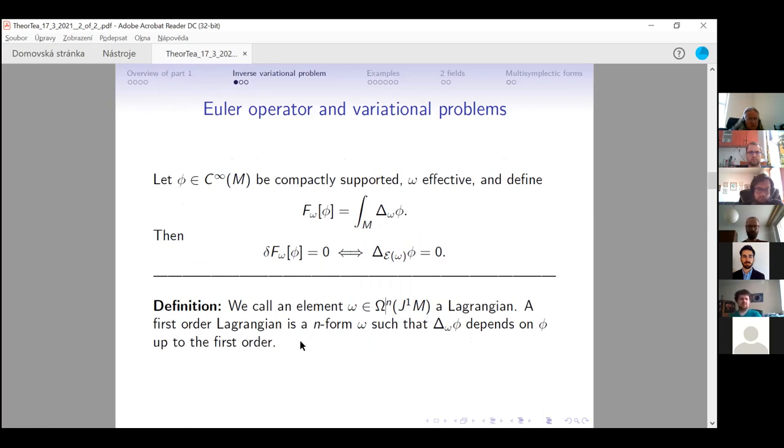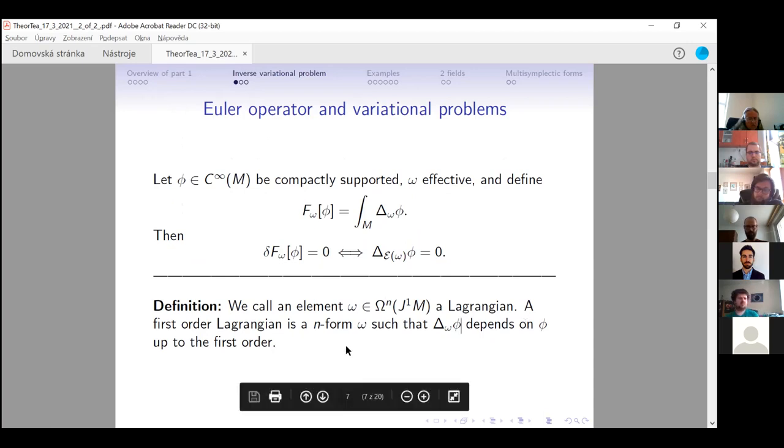And a first order Lagrangian is an n form such that this guy, which is an n form on M, depends on phi up to the first order. So the coefficient functions of the n form depend on phi up to the first order. Okay?